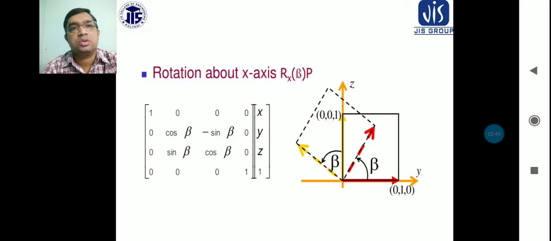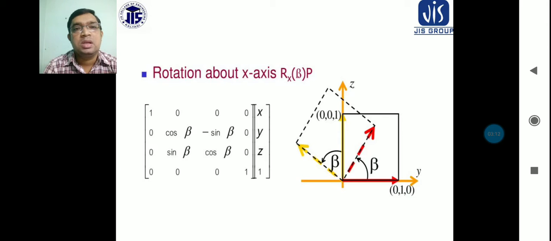Now the rotation about the x-axis, denoted Rx with angle beta, is considered. You can see the matrix given here, a square matrix. The first row is 1 0 0 0.